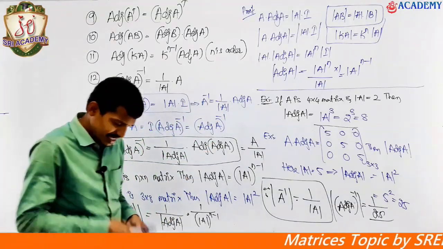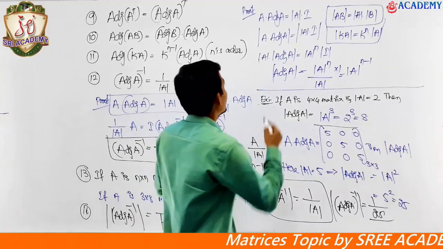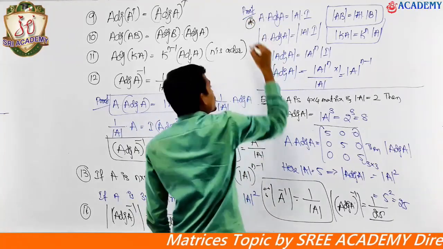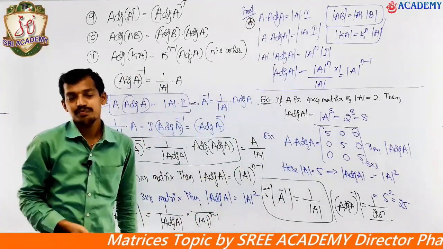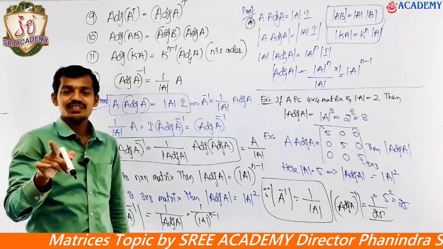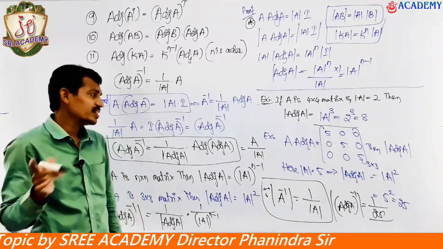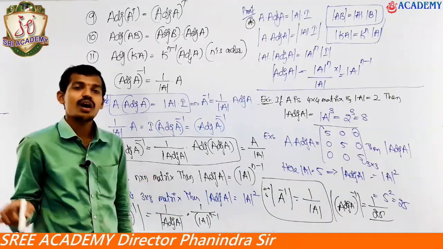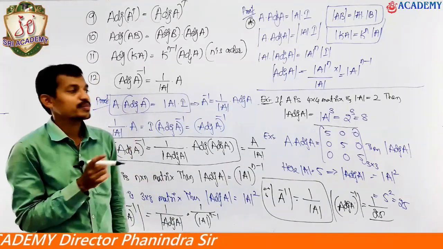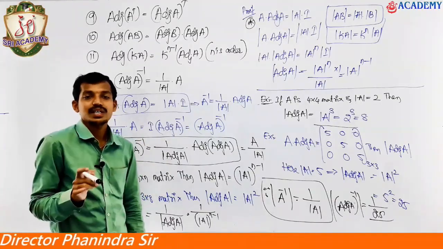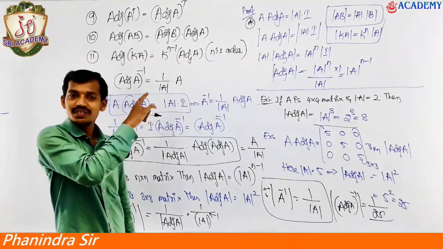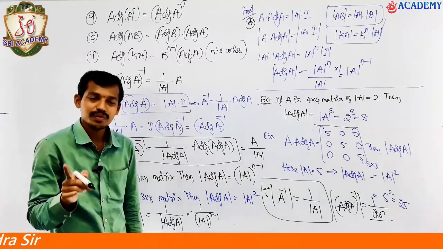But in each and every case, the very important property is the fourth property: A into adjoint of A is always going to be determinant of A into I only. Whatever properties we discussed here all belong to that one. Sometimes you may get these properties clearly, but if he gives that property, based upon that property we can create more.